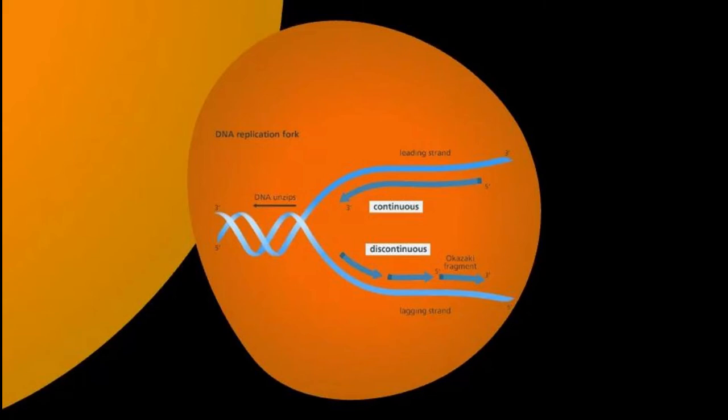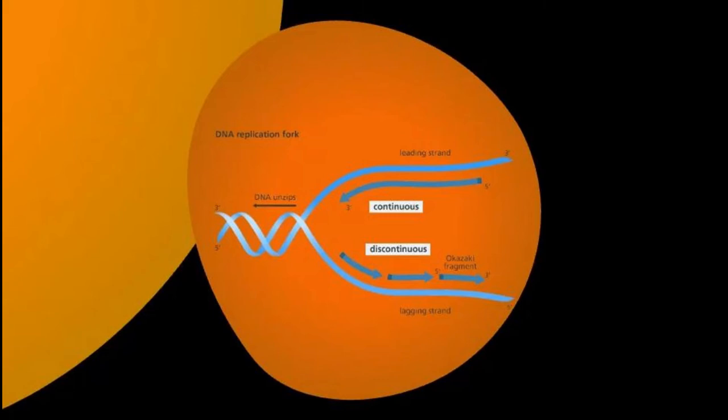So this is why we have 2 different names for our template strands from the original DNA molecule. And we call this the leading strand and the lagging strand. So the leading strand is going to be the strand where there is continuous formation of the new strand of DNA. And this is because the DNA polymerase is working in that direction, so from the 5 to the 3 end.